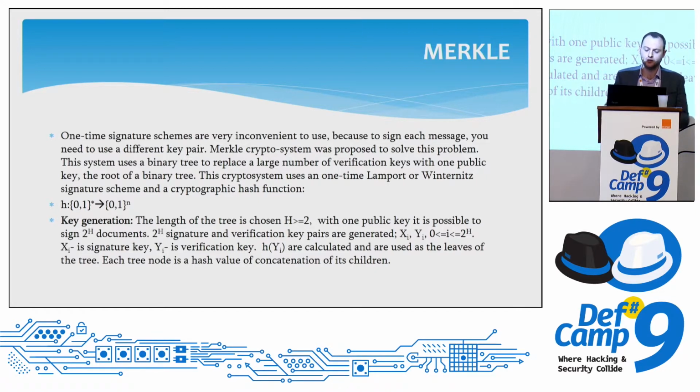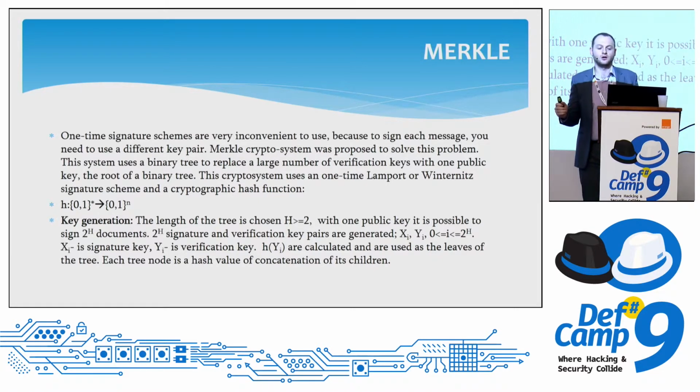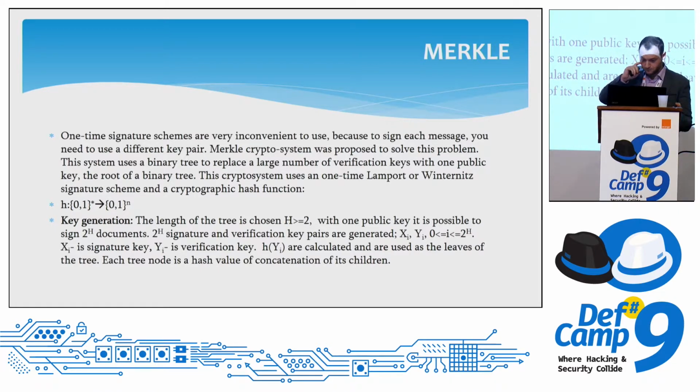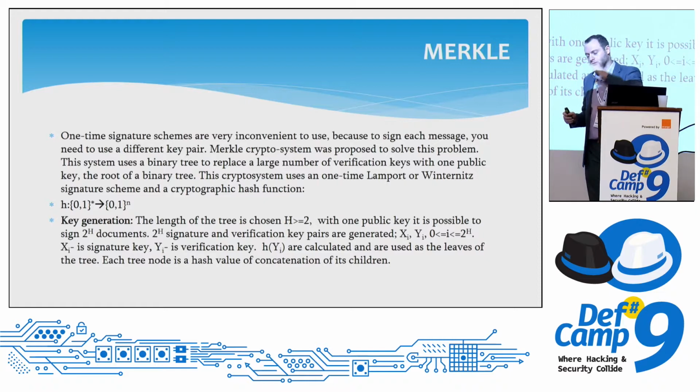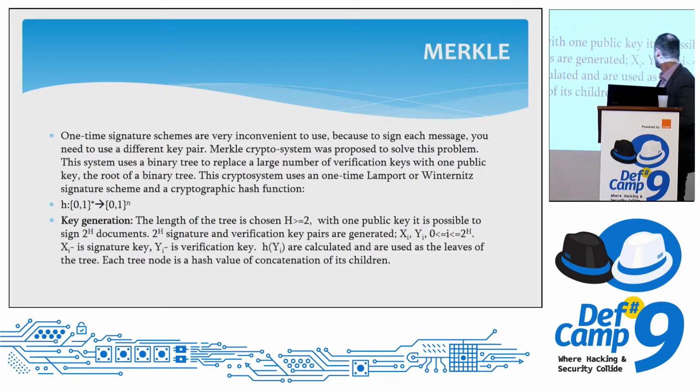So let's discuss how we generate the key. First of all, we choose the height of the tree, h, which must be at least 2. By means of it, we can sign 2 to the h messages.